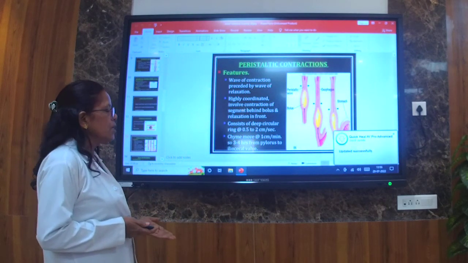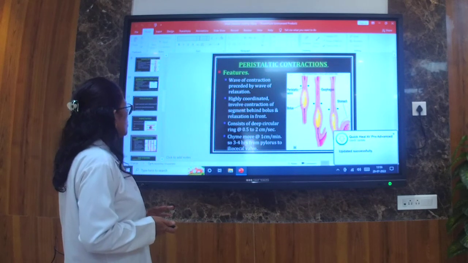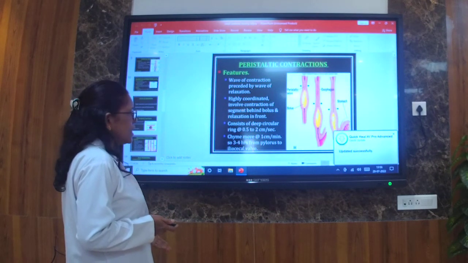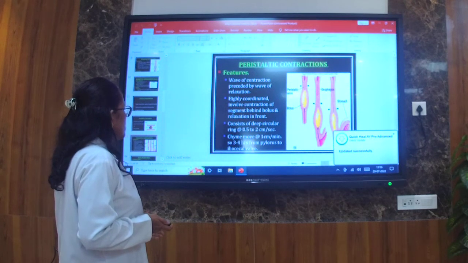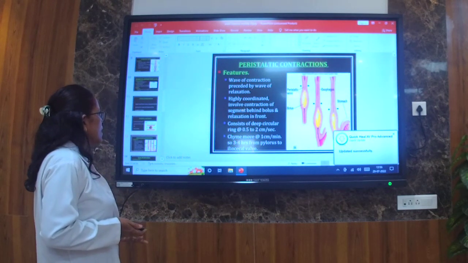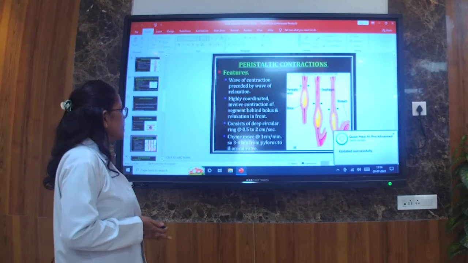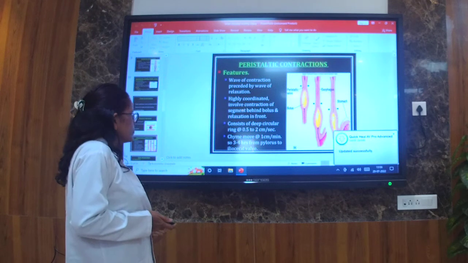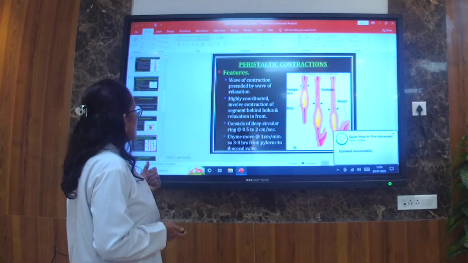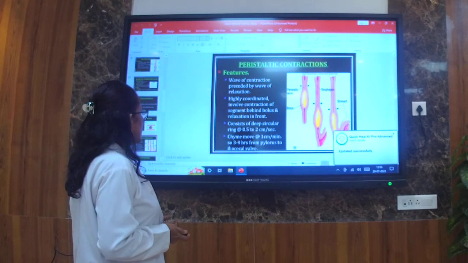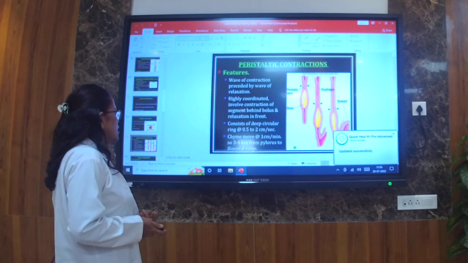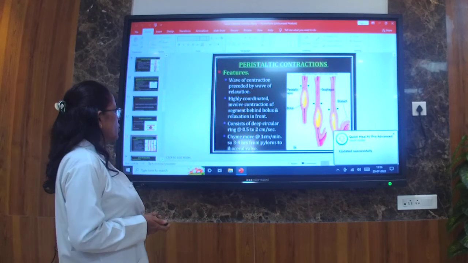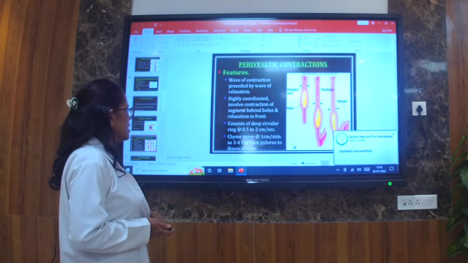These waves of contraction followed by waves of relaxation are highly coordinated and involve contraction of the segment behind the bolus and relaxation in front of the bolus, so that the bolus can enter the next segment.